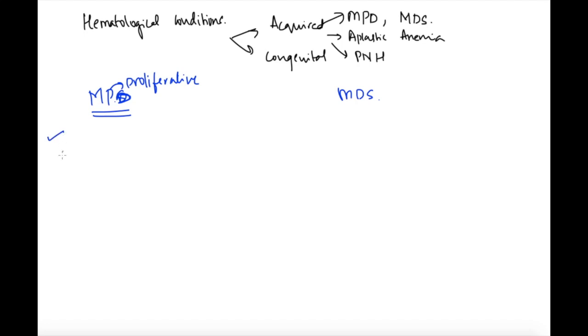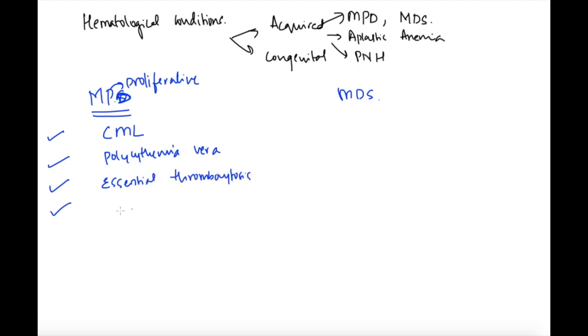So it includes 4 disorders, right? So first one is CML. Next one is polycythemia vera, essential thrombocytosis, and primary myeloproliferative myelofibrosis. Okay, how do you remember these?